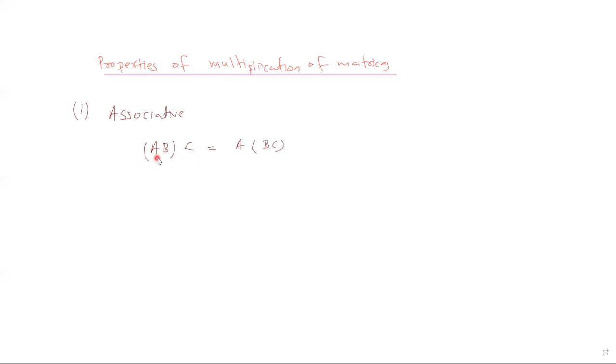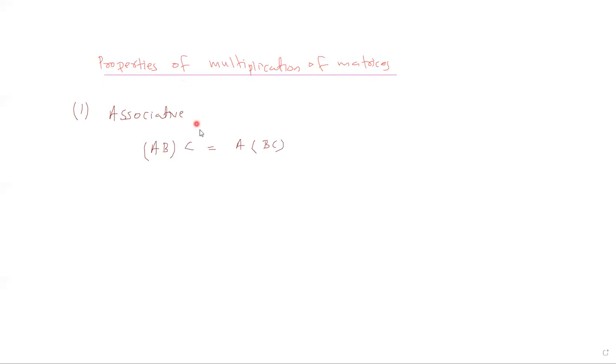Like you can multiply a into b, then when you multiply a into b with c, a into b has to come in the first place, c in the second place, c coming first will not work, because matrix multiplication is not commutative. Or you just multiply b and c first, then उसका लेफ्ट साइड में a से मल्टीप्लाई किया, a into b c, this will be the same. So this you can verify by taking any three matrices, maybe in the exercise that will come. So it is up to you, you can verify that. Okay.